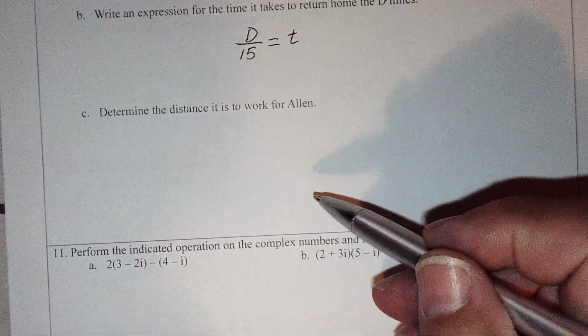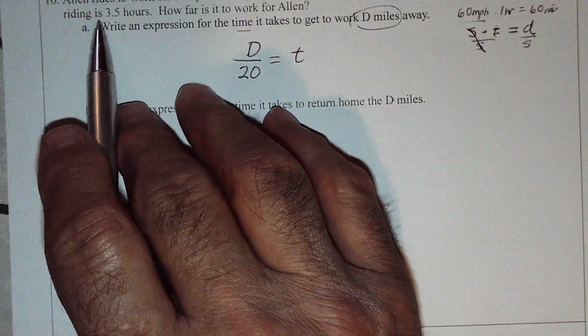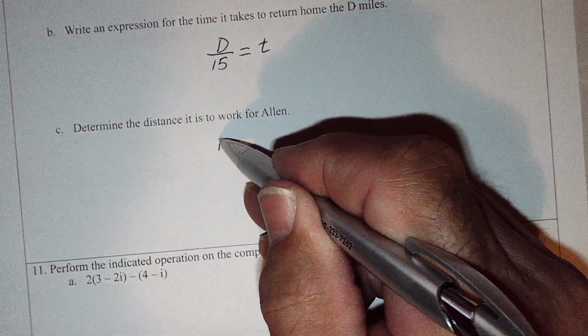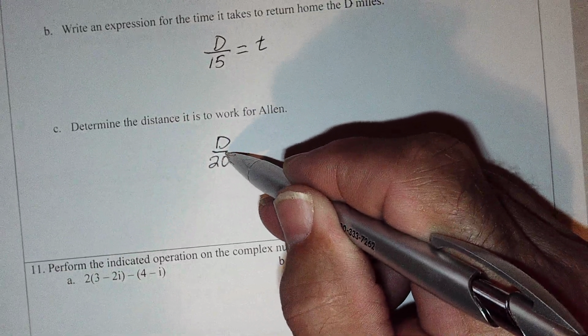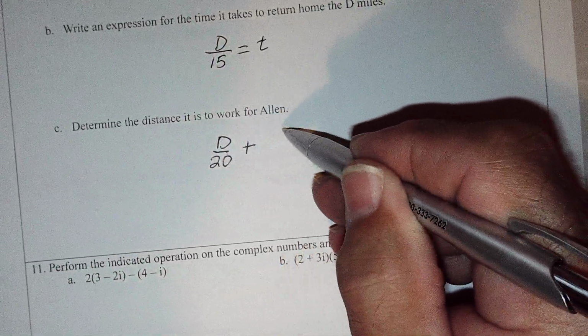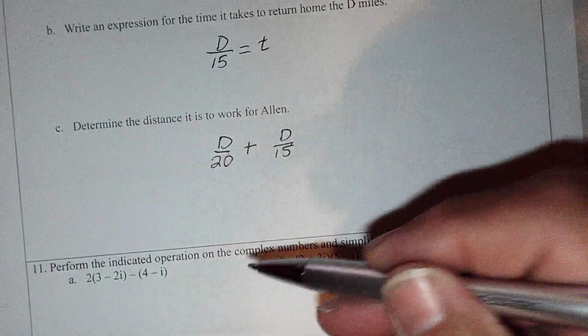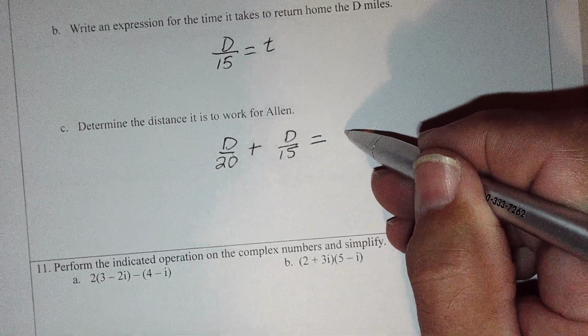So he does the whole trip in 3.5 hours. So d divided by 20, the time going down, plus d divided by 15, the time coming back, has to come out to be 3.5.